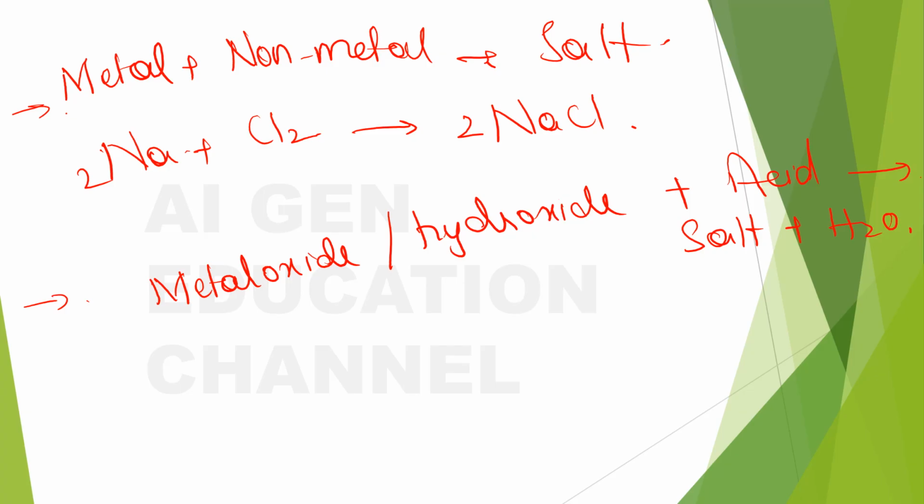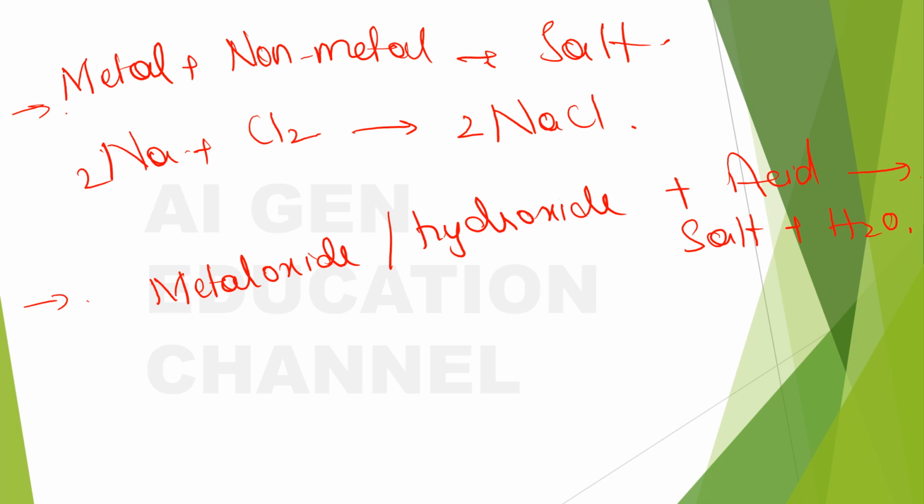See, one thing, it's not so important for you to understand everything, but it is important that you understand the concepts, right? Like metal plus non-metal, and when acid reacts with base, what you get, and all of these are so important. And we are taking one example here so that you can better understand the overall concept. So when an acid reacts with some metal oxide or hydroxide, then also what you get is salt and water.